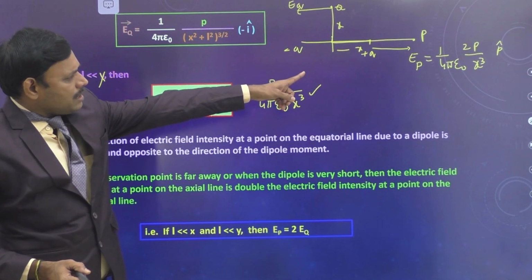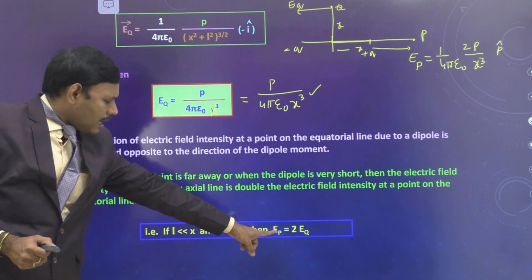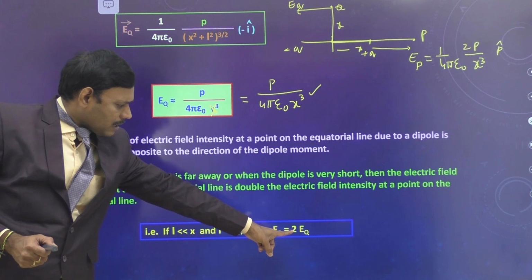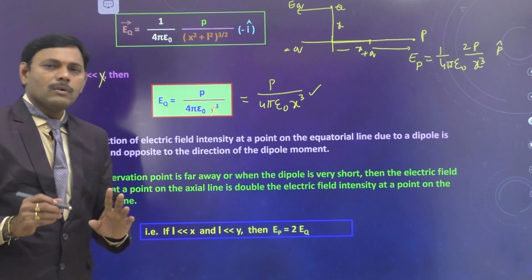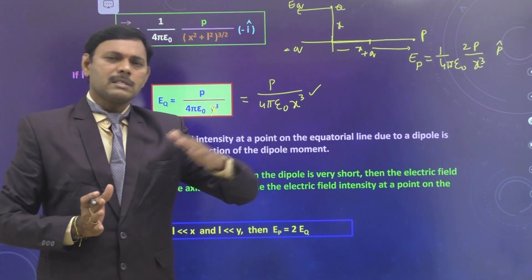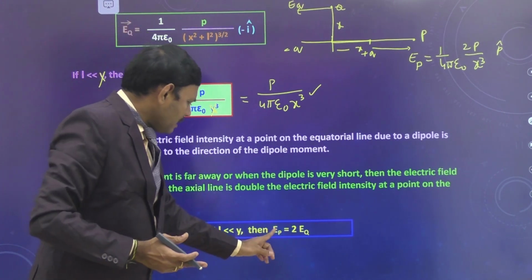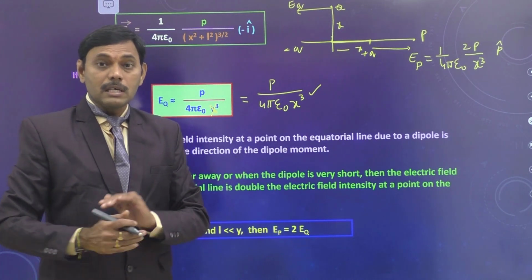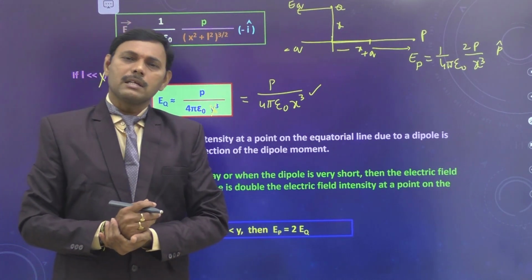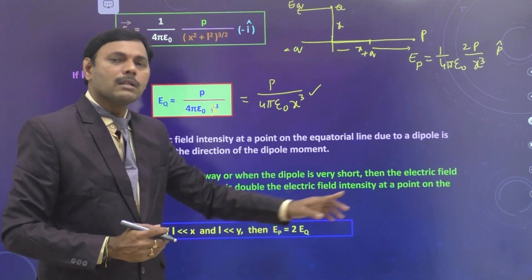On the axial line the expression has a 2, so the electric field on the axial line is double that of the equatorial value when the two points are considered at the same distance. One is on the axial line, the other on the equatorial line, at the same distance.